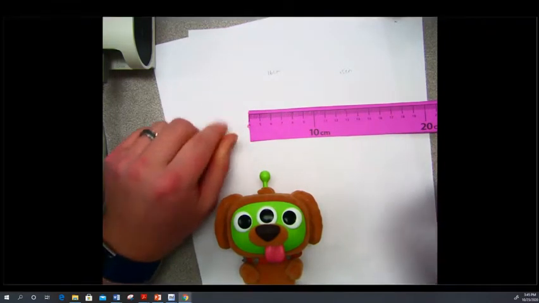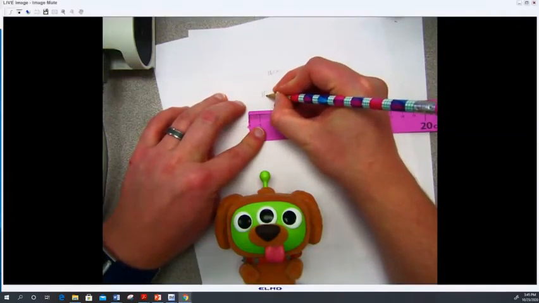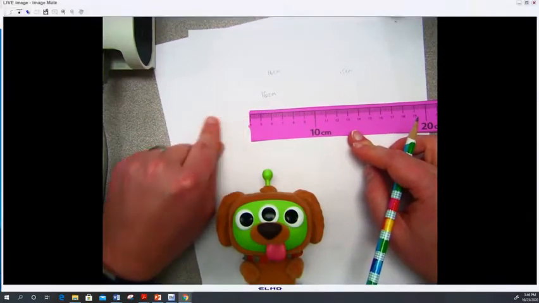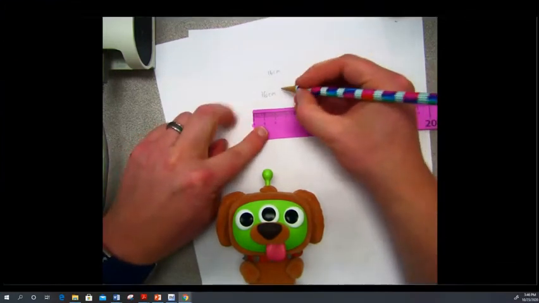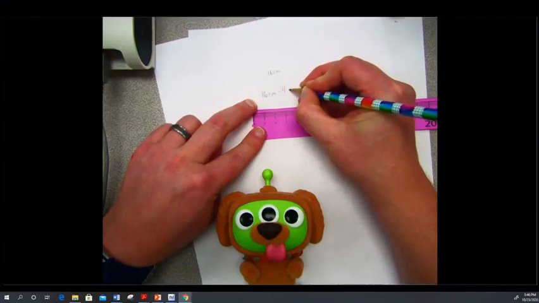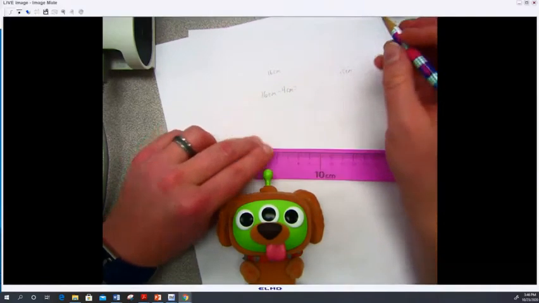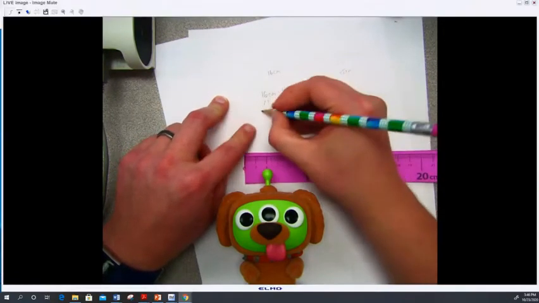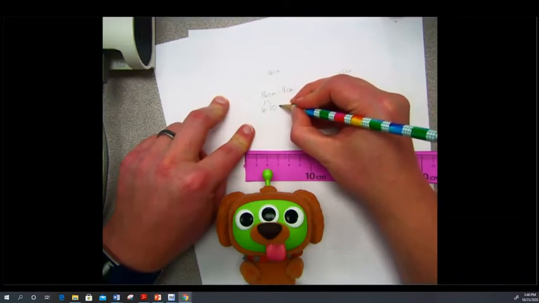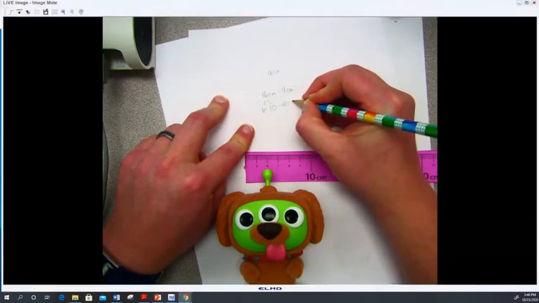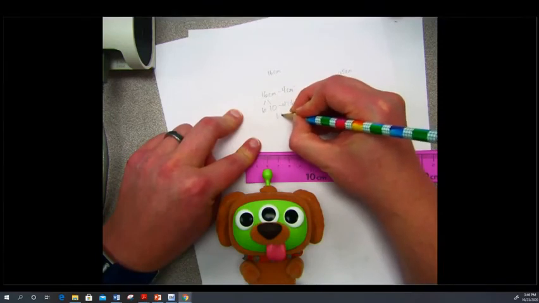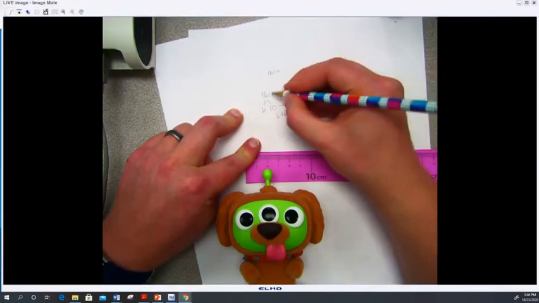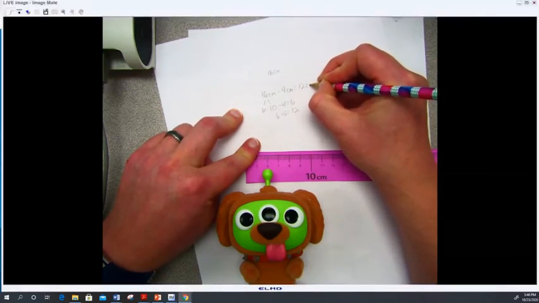Another thing we can do is take 16 centimeters and subtract the 4 missing centimeters from the beginning of my ruler. So 16 centimeters minus 4 centimeters. I'm going to take 10 from 16, which leaves me with 6. 10 minus 4 equals 6. 6 plus 6 equals 12. 16 centimeters minus 4 centimeters is 12 centimeters.